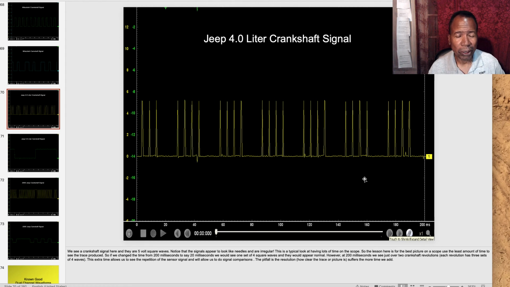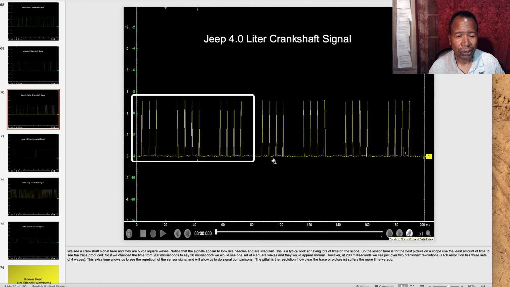You see more repetitive signals, which is good because you can see the pattern repeating itself. But if I want to see just 4 of these digital squirrel waves by themselves, I would probably take this from 200 milliseconds down to 20 milliseconds. As you can see, just these 4.